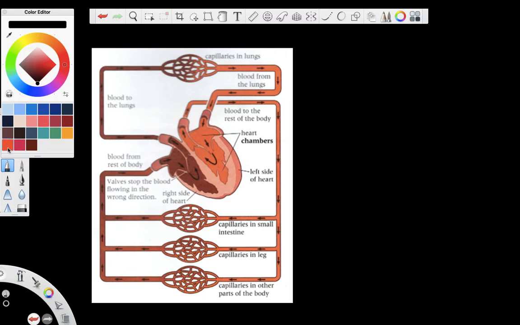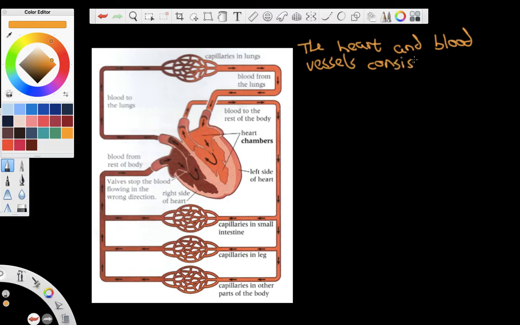So we can say that the heart and blood vessels consist of two loops.